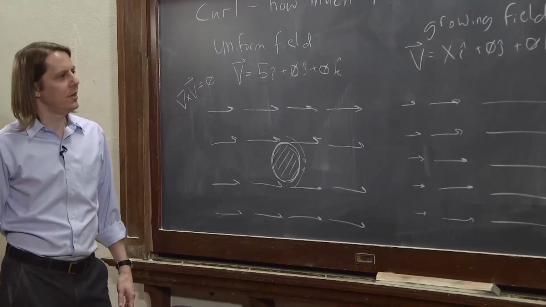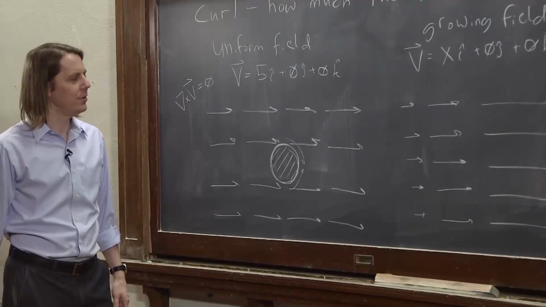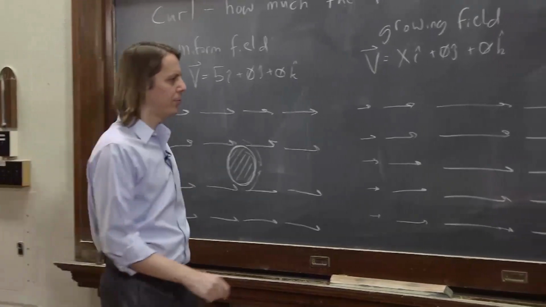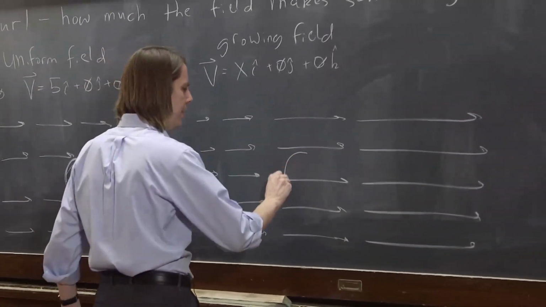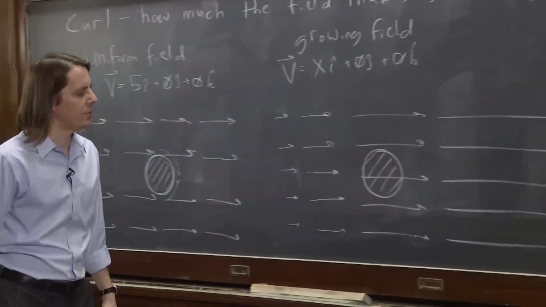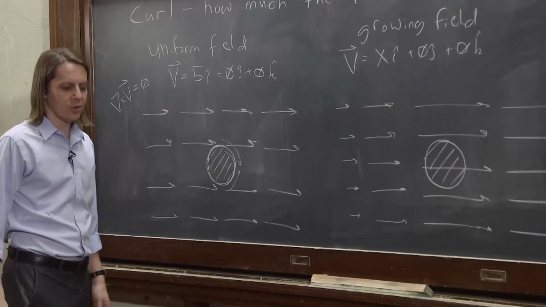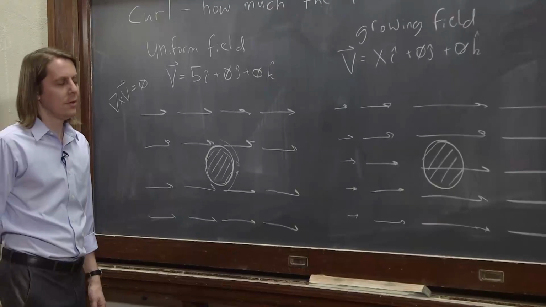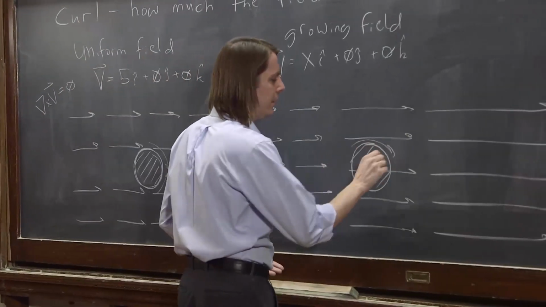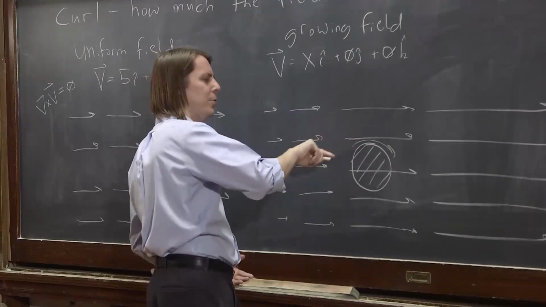So there it is, a growing field to the right, the field x i hat plus 0 plus 0. So let's do our thing. Let's drop in a solid disk and ask ourselves, is the disk going to feel a net twist? And again, this one is not, because it feels some vectors here pushing this way.